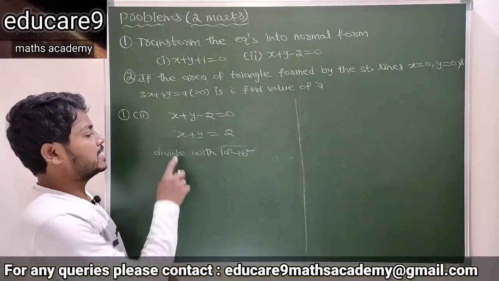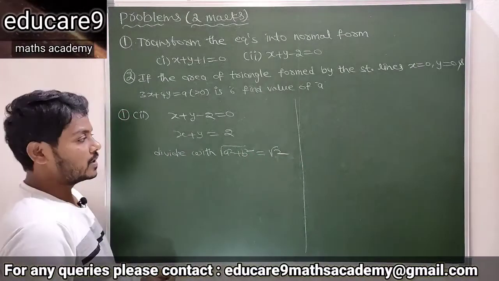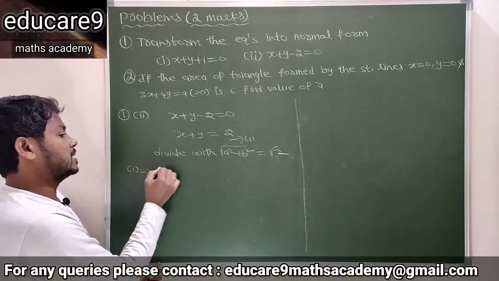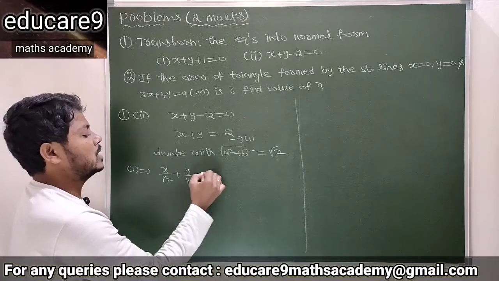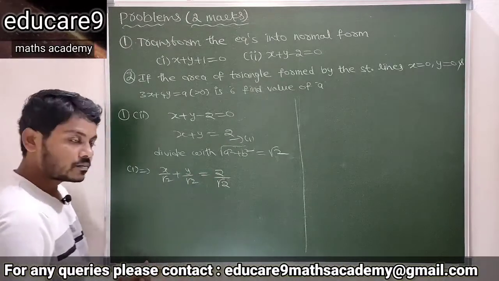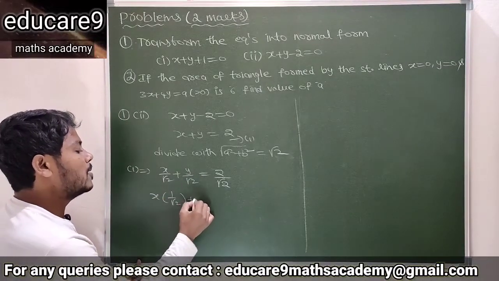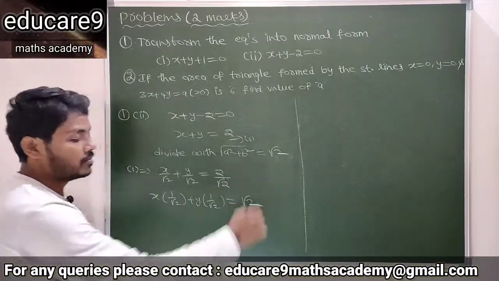Clearly the a value is 1 and the b value is 1, so you will get root 2. Now equation 1 implies x by root 2 plus y by root 2 is equal to 2 by root 2. Again this can be written as x into 1 by root 2 plus y into 1 by root 2 is equal to root 2.